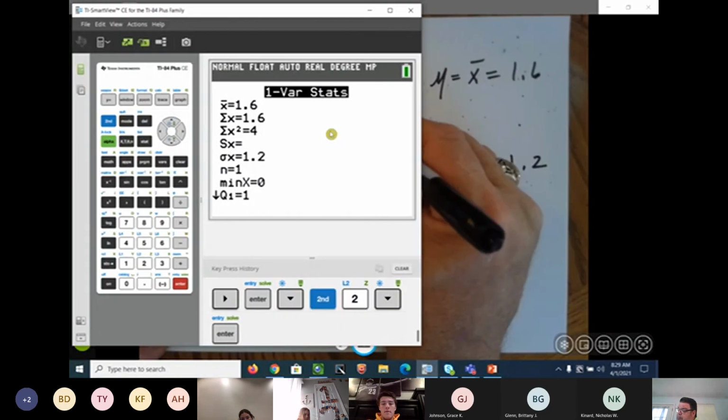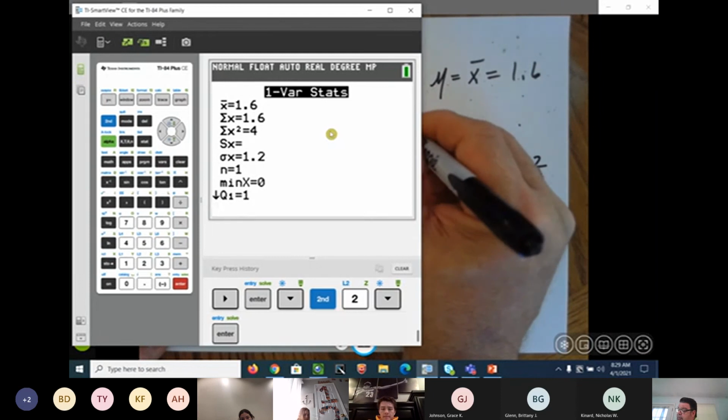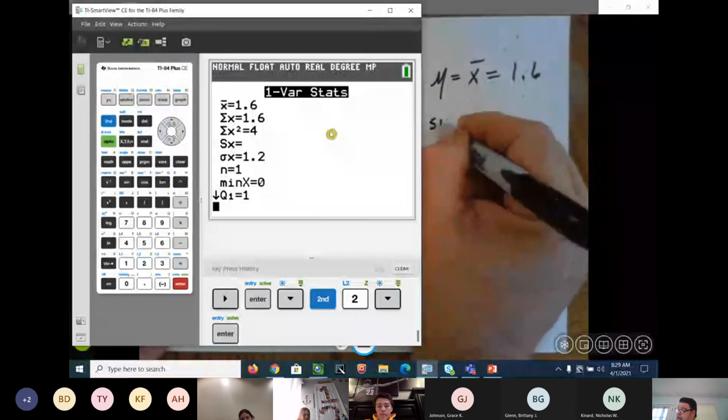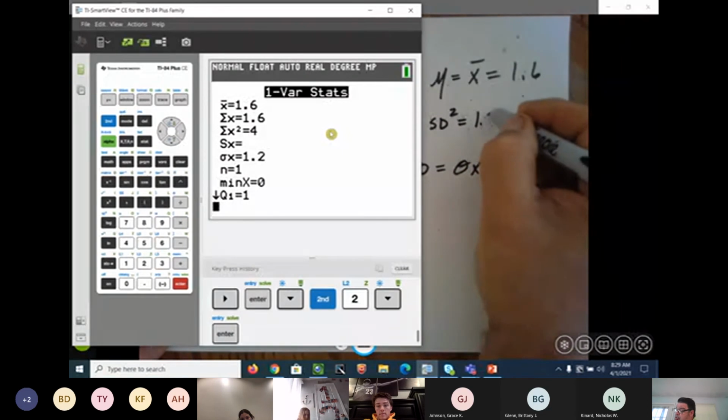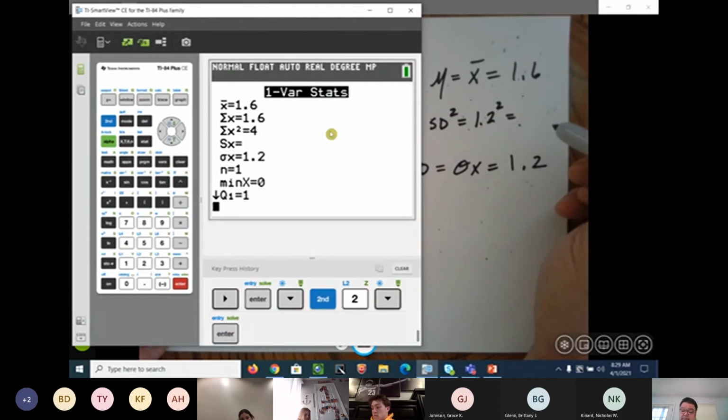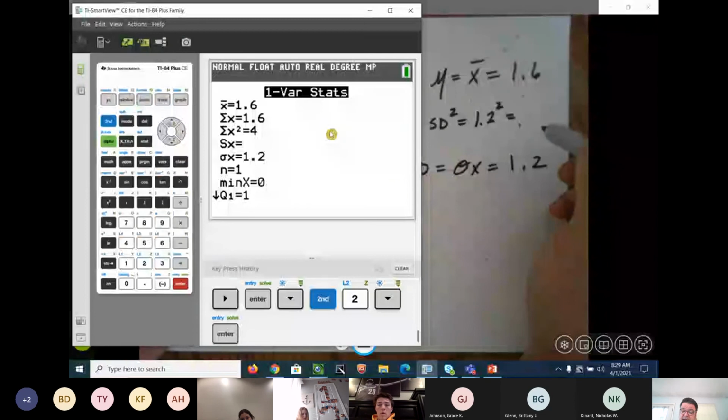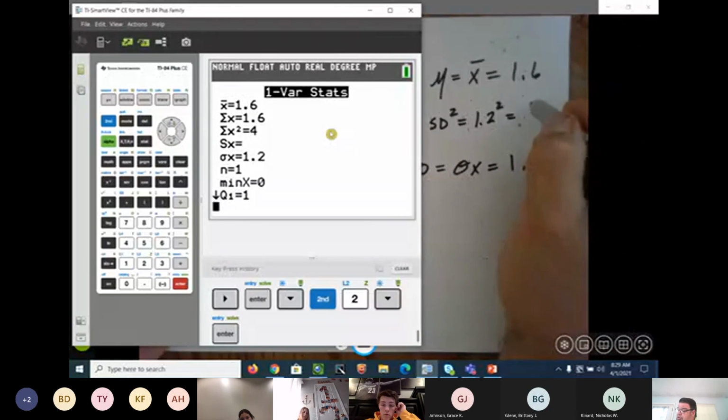Therefore, the variance is equal to the standard deviation raised to the second power, which is equal to 1.2 raised to the second power, which is equal to what? Somebody take 1.2 and raise it to the second power, please. 1.44.